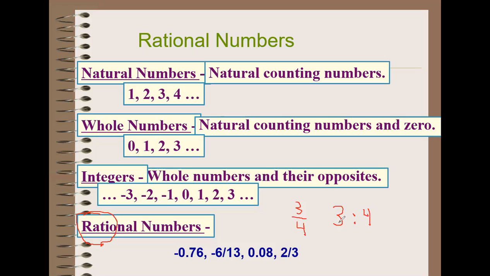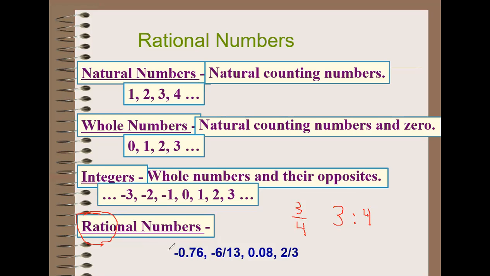And we studied before that this one is a ratio. So the fraction, we can write it in a ratio form. For this reason, we can remember that rational comes from the word ratio.